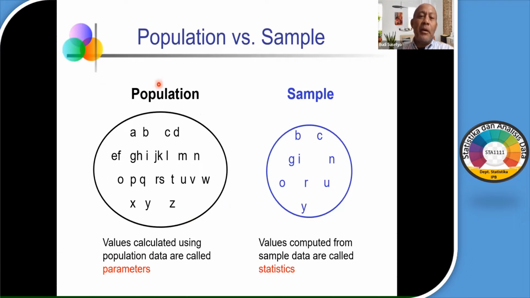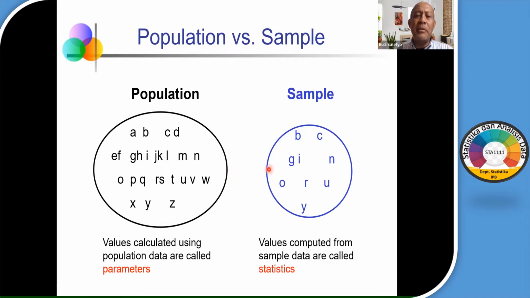This is easier to describe what population and sample are. This is the population consisting of many individuals, and from this we take a sum of how many percent, for example, from the population will be taken as a sample. It depends on some consideration, some reason. It could be the budget, time, and so on.